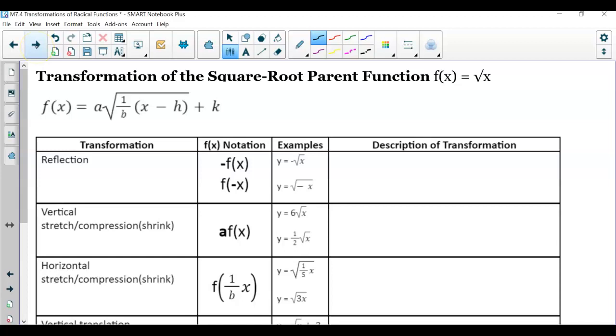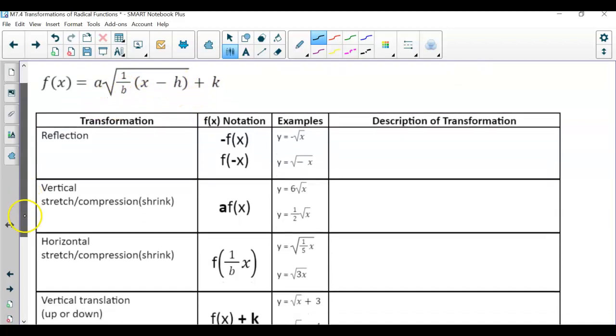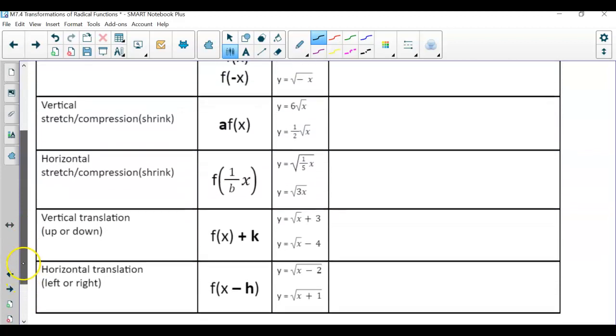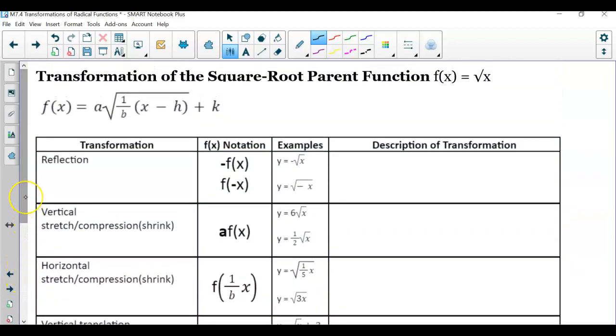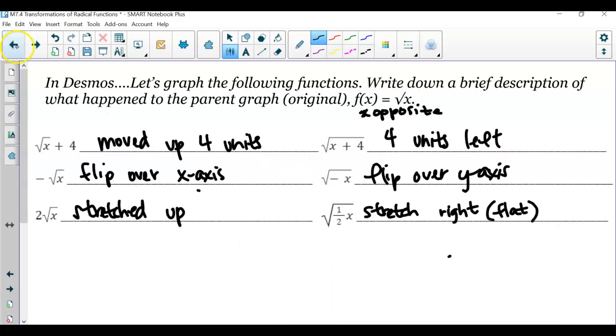So here's the mathematical version. Notice how we're using and talking about these variables. These variables are always going to be used when we're talking about the transformation. You'll also notice how we'll be using those as we're labeling in this table here. So notice when we had that negative on the outside, what happened to our graph?